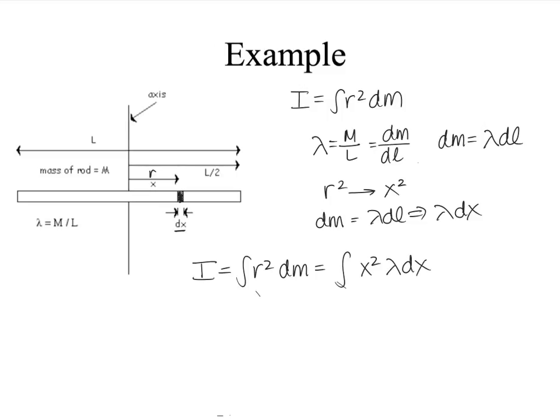Now see, everything is in terms of the variable x, which makes things a lot easier. And notice that if the entire rod is L units long, we start at minus L over 2, and we go to L over 2. So those are our limits of integration.